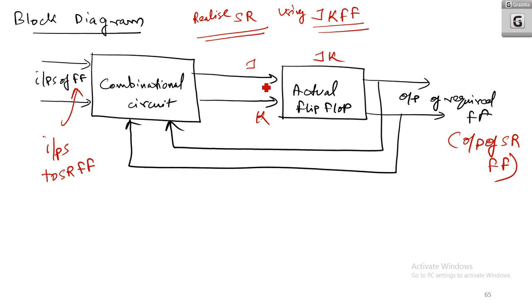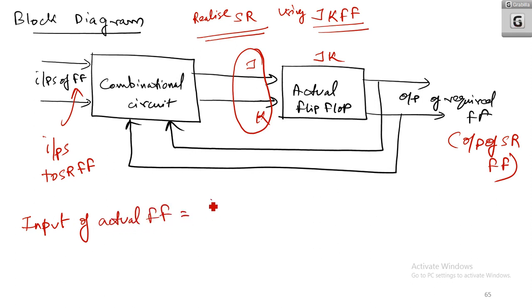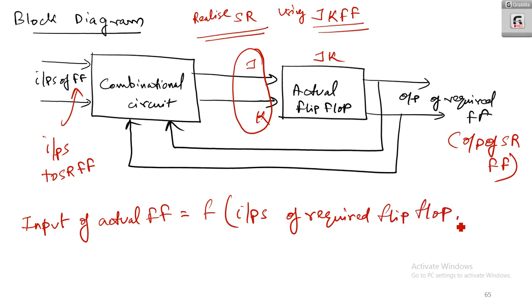Now the input to the actual flip-flop is J and K. That means you should write the input of the actual flip-flop as a function of the inputs of the required flip-flop and the output of the required flip-flop.